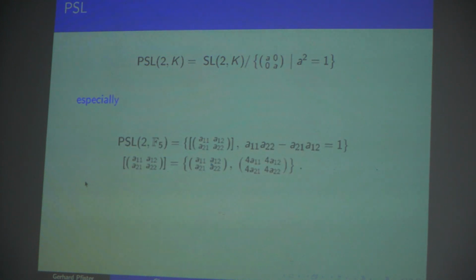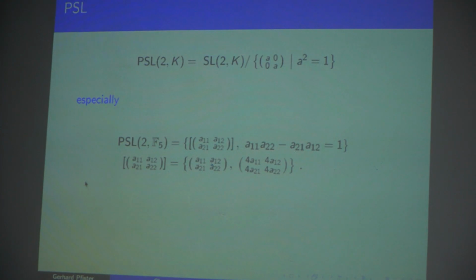Then, for instance, PSL2 of F5 can be thought of as the set of all classes of matrices with determinant 1.